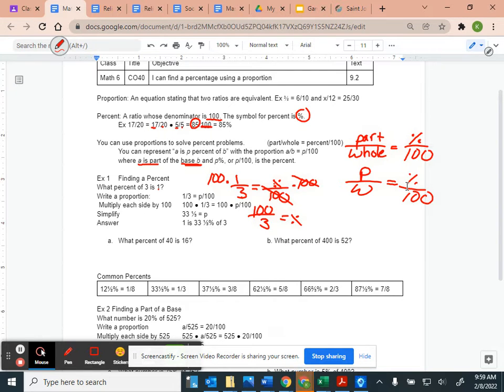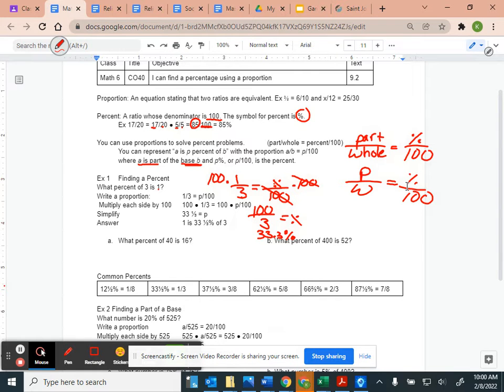Am I done? No. What do I have to do? Well, yeah. 100 over 3, I can't leave it as a fraction. So Nolan, what would I do? That's 33. Yeah, 100 divided by 3 gives me 33.3%.